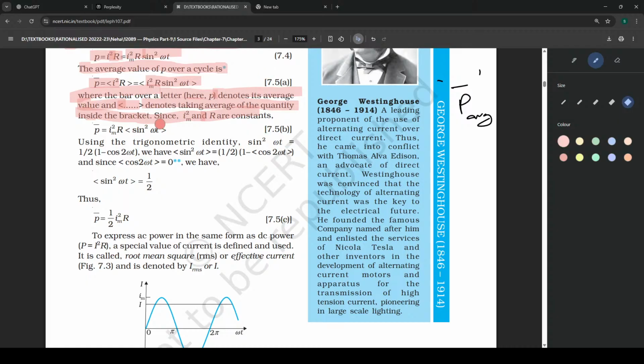We take the average of the values, because the peak current will always remain constant for a certain varying voltage, and resistance will also remain constant. So the only thing that is varying is the sine square omega t function. So P average is equal to Im square R times the average of sine square omega t.